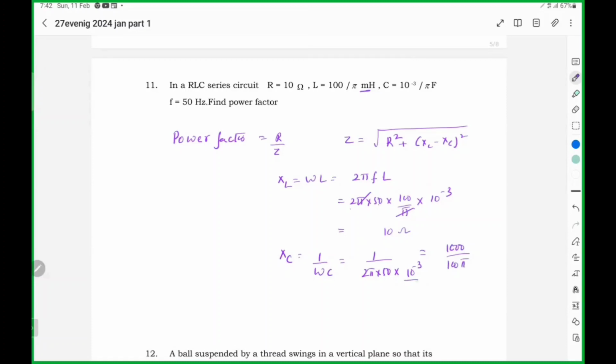There is a pi also there, they get cancelled out, which is again 10. So now Z becomes R square plus, since XL and XC are the same, it is 0. So R by Z is 1. So the power factor is 1.